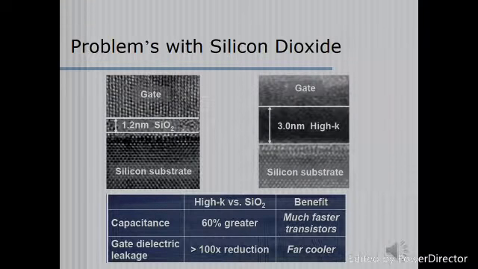Transistors can now measure into atomic levels, to around 10 angstroms, but as transistors become smaller and smaller, the thickness of the silicon dioxide decreases along with it. When the gate thickness of the silicon dioxide reaches around 2 to 3 nanometers, the insulation of the silicon dioxide starts to let electrons through it, causing what is known as leakage current, leading to a higher power consumption and a less reliable drive.